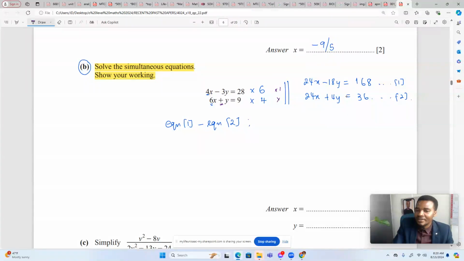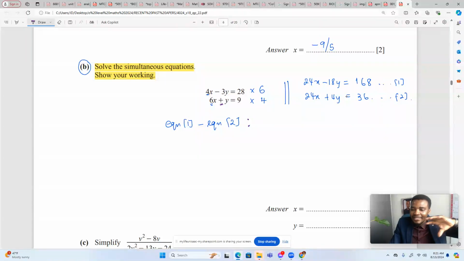And on equation 1, you have to multiply by minus 3 because the coefficient of y in equation 1 is minus 3. So as long as you multiply with the right coefficients, on the next step simply say equation 1 minus equation 2. Okay, so let's see what's going to happen.